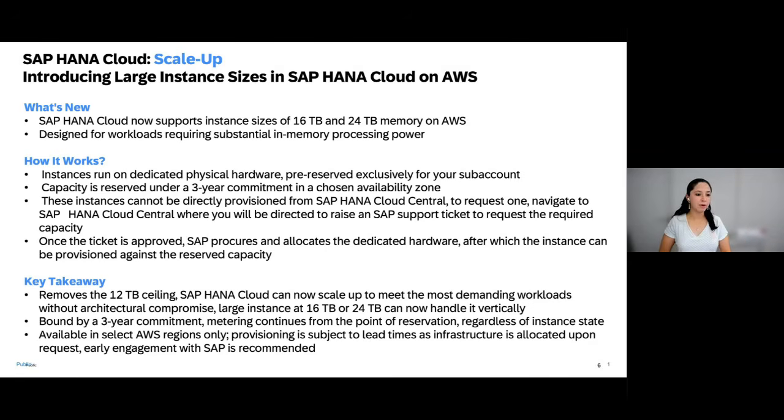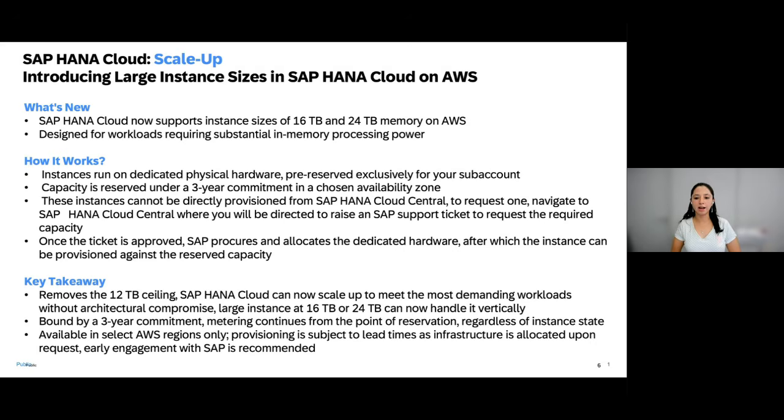The way this works is slightly different from standard instance provisioning. These large instances run on dedicated physical hardware, which is pre-reserved exclusively for the customer's sub-account. Because of that, the capacity is reserved under a 3-year commitment in a selected availability zone. It is also important to note that these instances cannot be provisioned directly from SAP HANA Cloud Central in the same way as regular instance sizes.